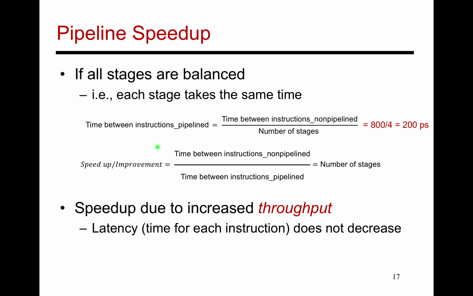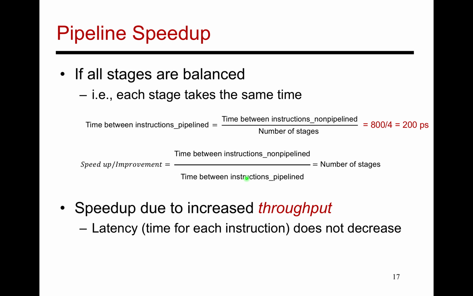Now, if you look at the speed up, it would be the time of non-pipelined operations, in other words, we haven't optimized anything, our old time, divided by the time of optimized or improved operations through pipelining.